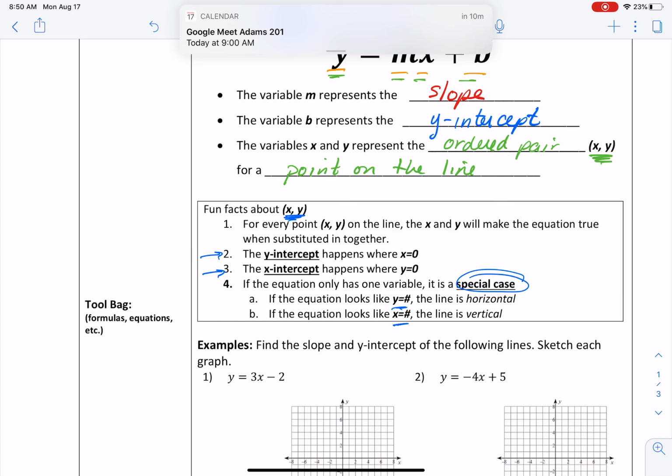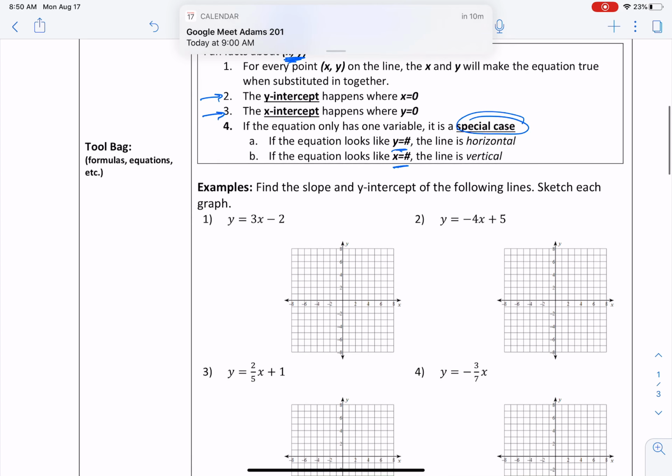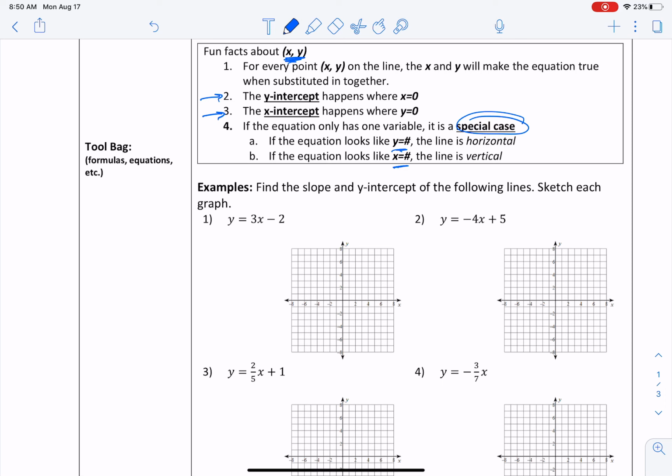So sometimes we're lucky and the equation is written in slope-intercept form already. We have y equals mx plus b. That's my slope-intercept form, so I can begin to pull the information from each piece. So I know that m is 3 over 1.